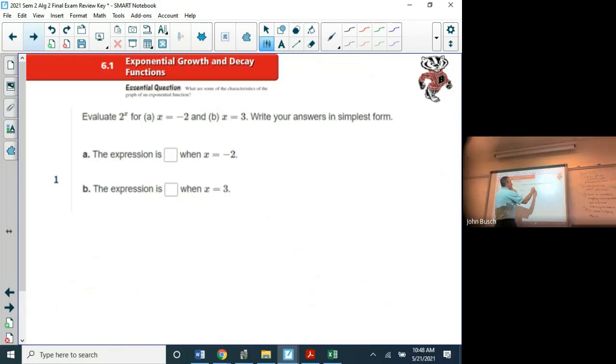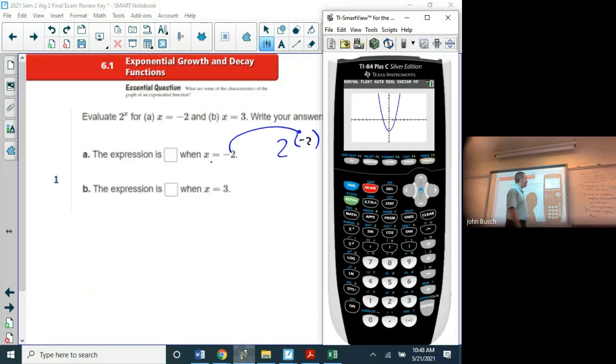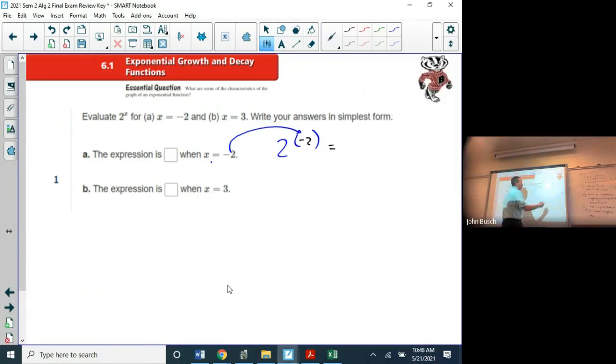Evaluate 2 to the x power, where x is negative 2. So 2 to the negative 2 power. And that's as simple as just grabbing your calculator and putting negative 2 as a power on 2, and that's 1/4.